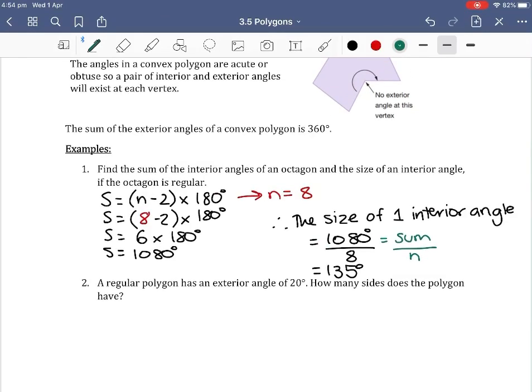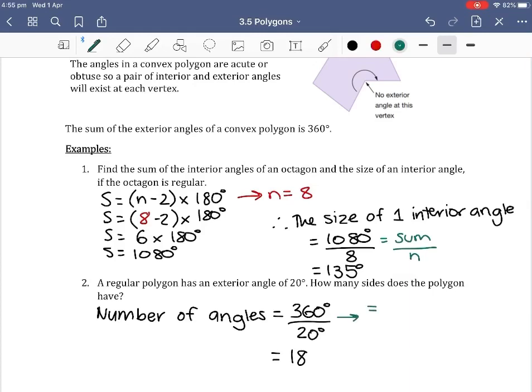Example 2 says a regular polygon has an exterior angle of 20 degrees. How many sides does the polygon have? The sum of exterior angles is 360 degrees. So to work out the number of angles, we take our sum of exterior angles, 360 degrees, divided by 20 degrees, and we get our answer of 18.